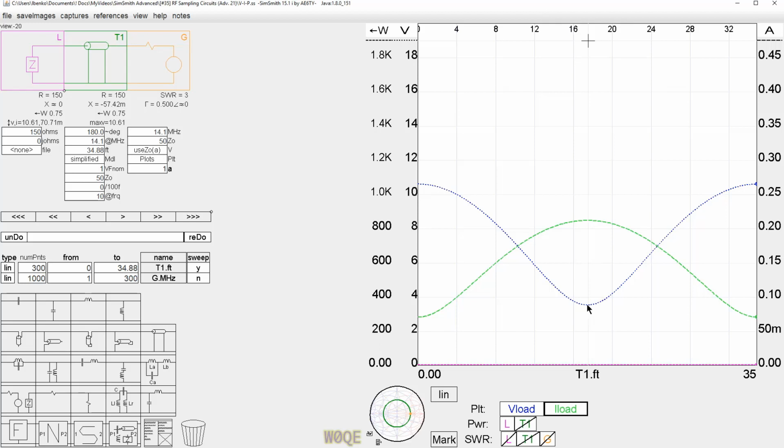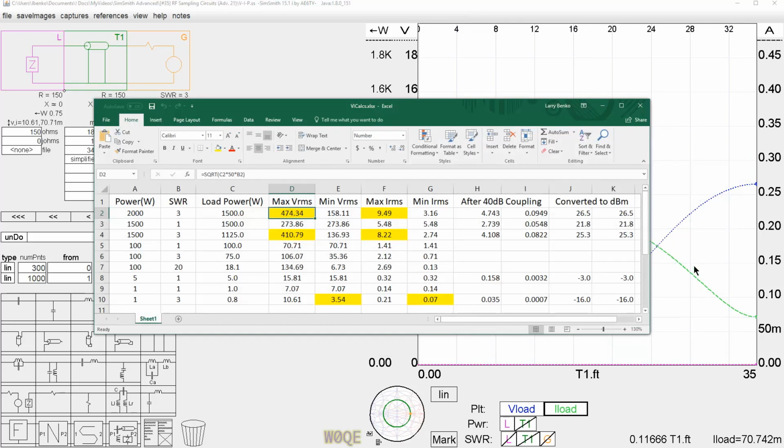The minimum voltage here will be 3.5 volts, and the minimum current will be 70 milliamps. I did this in a spreadsheet also, which is probably a little bit easier to see. But it shows a maximum of 474 volts, a maximum of 9.49 amps, a minimum of 3.5 volts, and 70 milliamps.